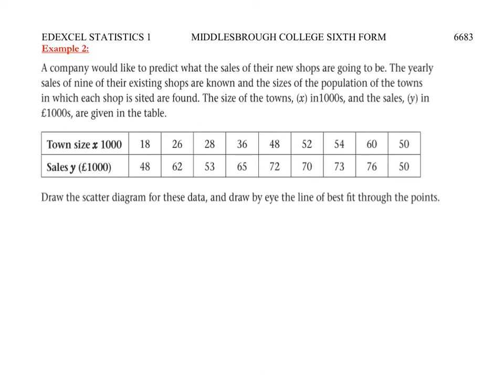Draw a scatter diagram for these data and draw by eye the line of best fit through these points. So again, can you use a pencil and a ruler, please? Apologies from me because I don't think I can do it on this app, so I'm just going to do it fairly freehand.